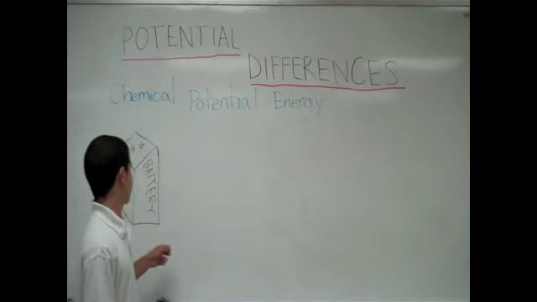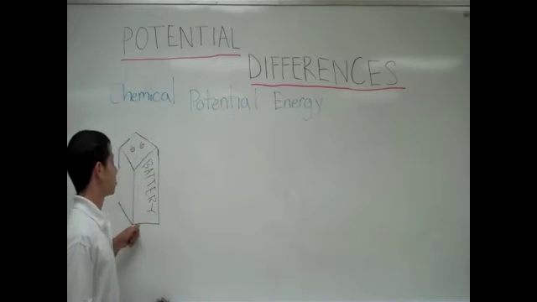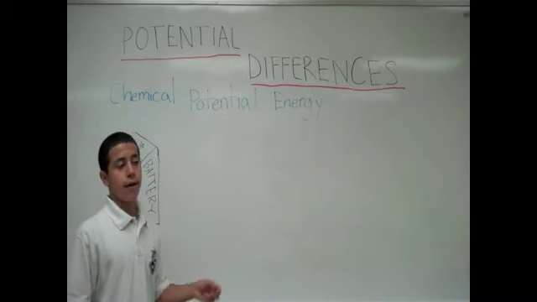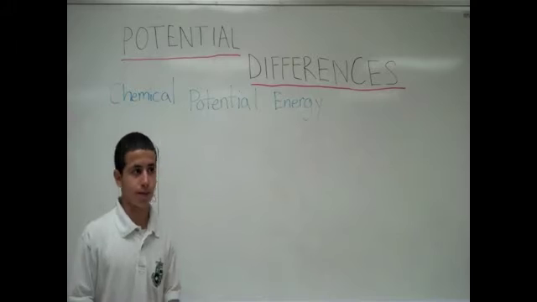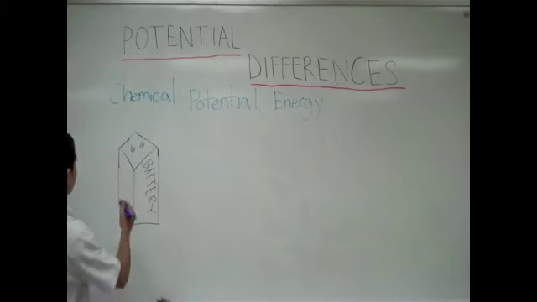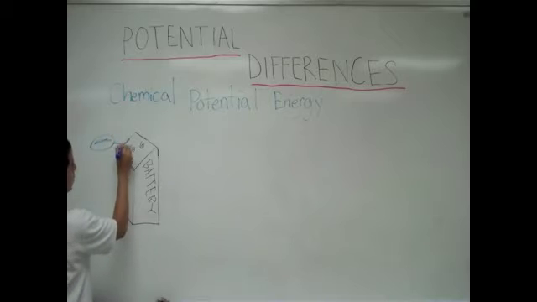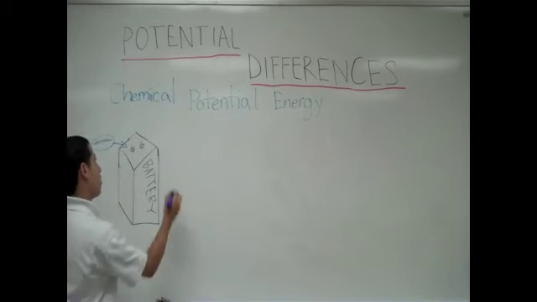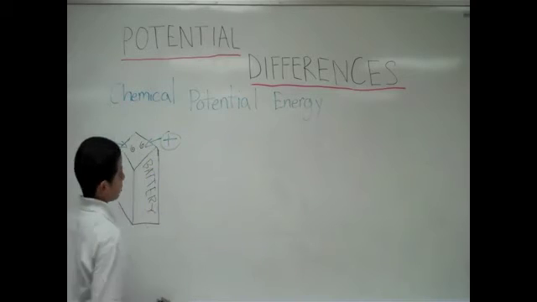This causes the difference between charges in the two different terminals. Each electron has an electric potential energy. So the negative charges, which are electrons, would accumulate in one terminal, while leaving the other terminal filled with positive charges.